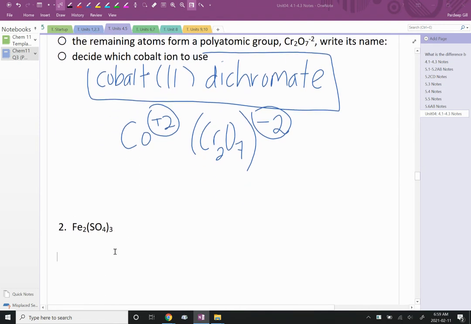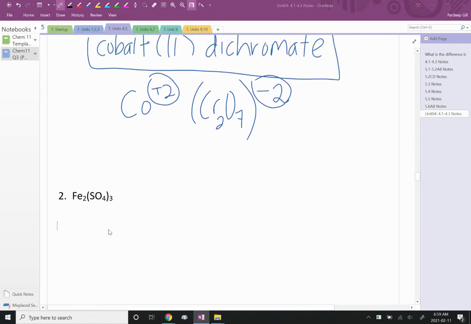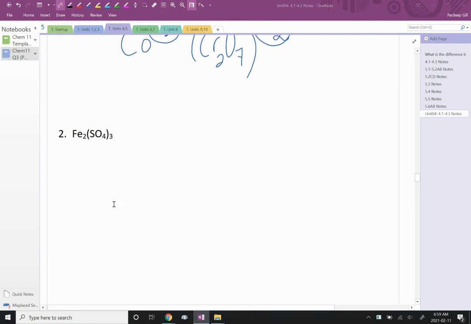Okay, let's take a look at this one here. Fe2(SO4)3. The first thing we want to do is write down the name of the metal. So in this case, it's iron. And once again, you recognize that iron has more than one charge. So we're going to need to figure out what that charge is.